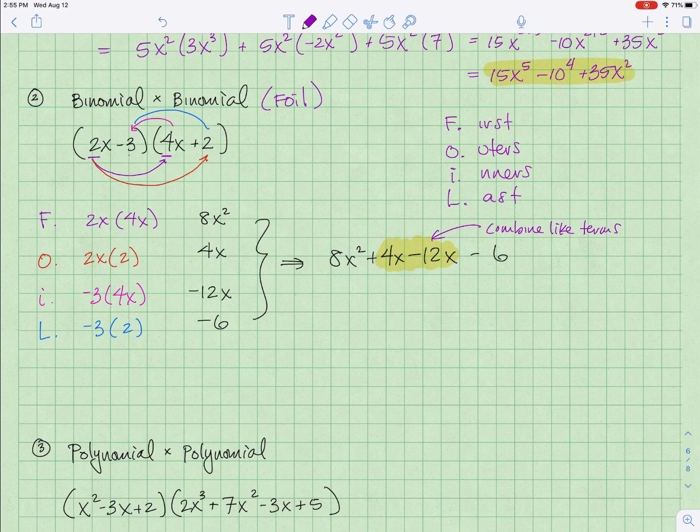That is to say, arrange everything in piles. And this is 8x squared. 4x minus 12 more x's is a negative 8x, minus 6. And that's our final result for this FOIL technique.